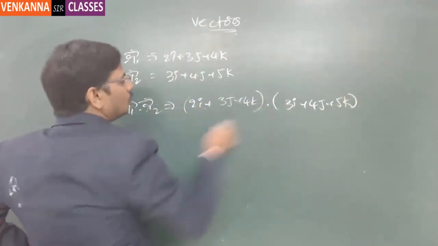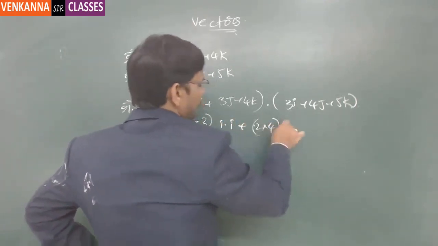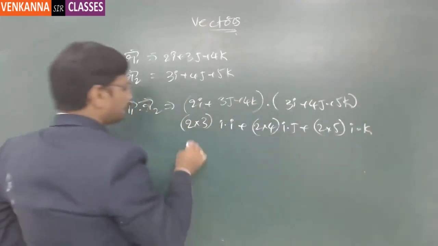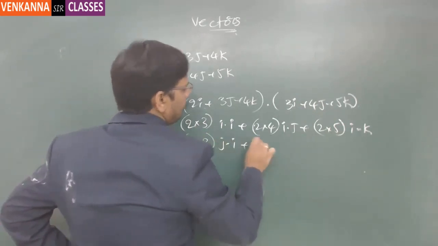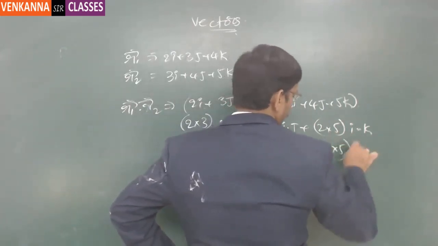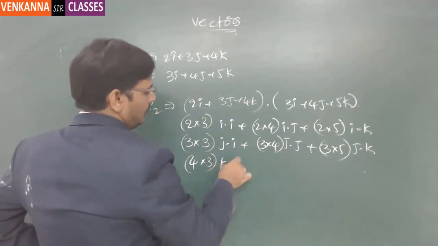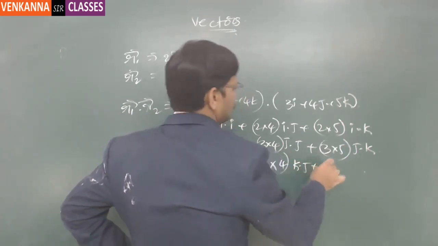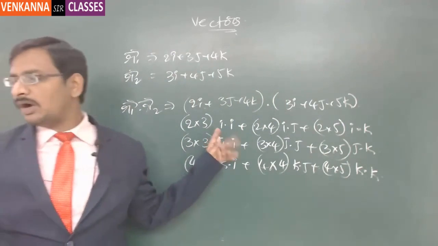Here, 2 into 3 i dot i plus 2 into 4 i dot j plus 2 into 5 i dot k, and then 3 into 3 j dot i plus 3 into 4 j dot j plus 3 into 5 j dot k. Similarly, 4 into 3 k dot i, 4 into 4 k dot j, plus 4 into 5 k dot k.